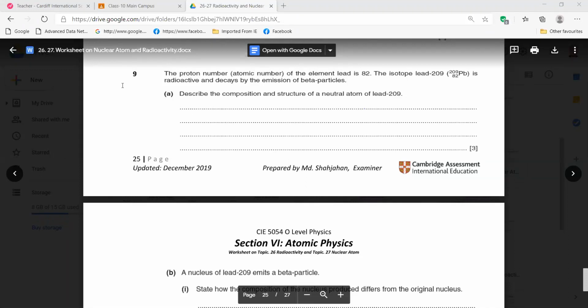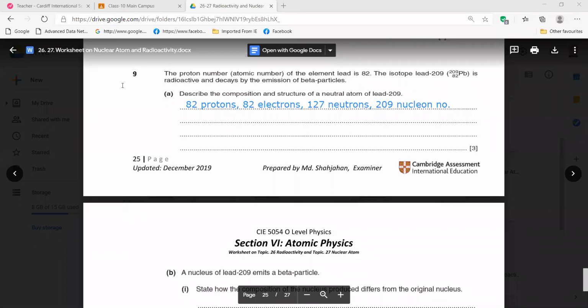Can you write, Ziba? This one is composition and there is structure also.